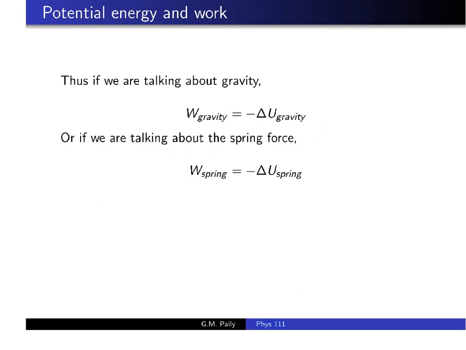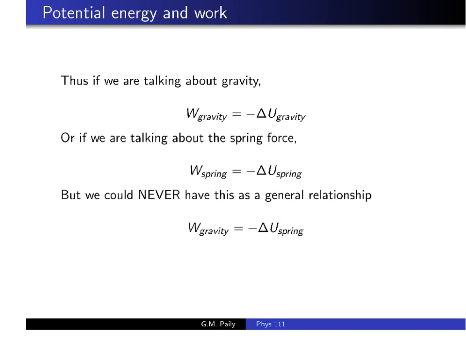Similarly, work done by the spring would be negative delta U of the spring. But in general, we would not have work done by gravity equal to negative delta U spring. This would never happen, right? They have to be the same force on either side. I mean, this could happen by accident in some particular situations, but not as a general relationship. These are general relationships.